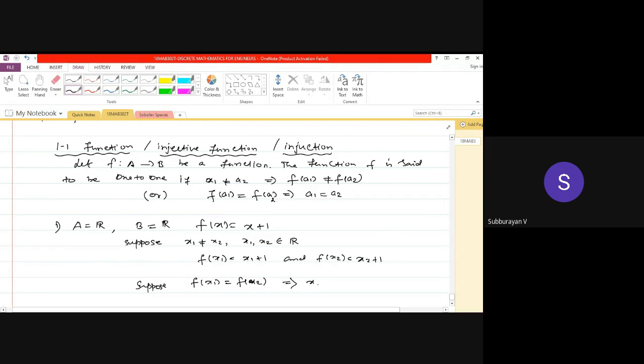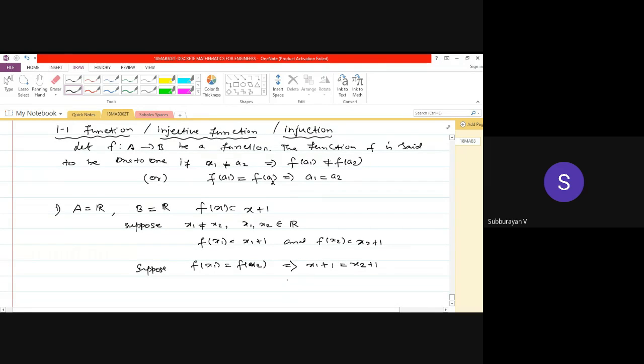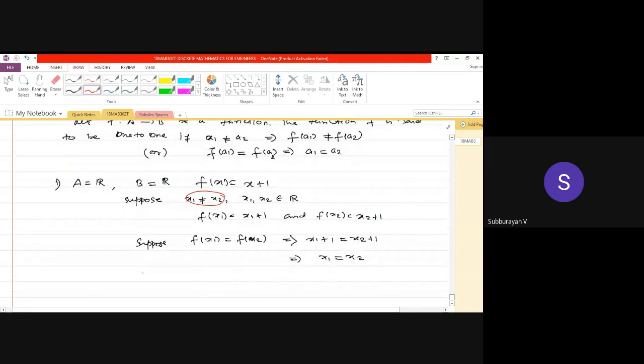Which implies x1 plus 1 equal to x2 plus 1, which implies x1 equal to x2. What we assumed is that x1 is not equal to x2. But if f of x1 equals f of x2, then we arrive at the contradiction that x1 equal to x2. Therefore, this is a contradiction.